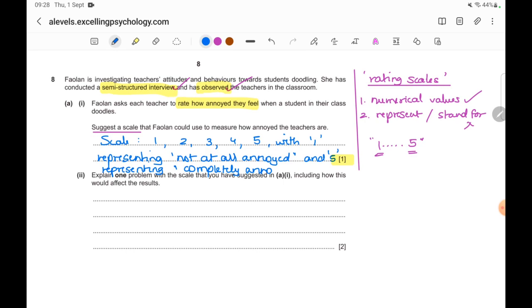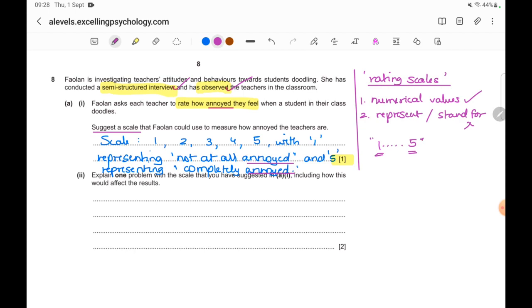Okay, this is very important. One thing you need to keep in mind when you're writing this answer is to use the wording which is in the question. Don't change the wording. So you can see I've used the word annoyed. Self-reports are direct question answers.